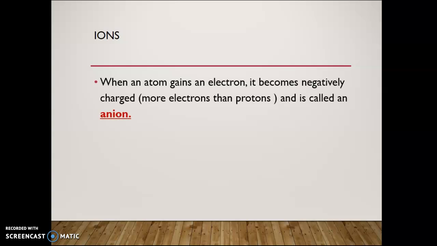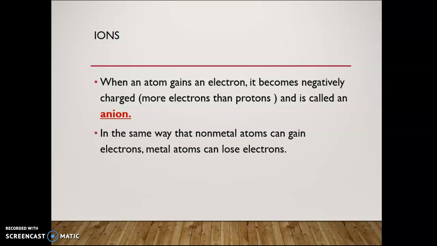Okay, so an ion is basically when an atom just gains an electron, it becomes negatively charged. We call that an anion. I like to remember that by saying a negative ion. Nonmetals gain electrons. When a metal loses an electron, it is positive.